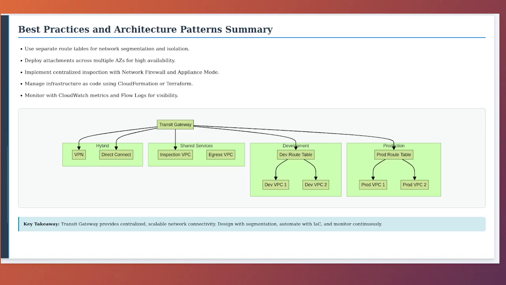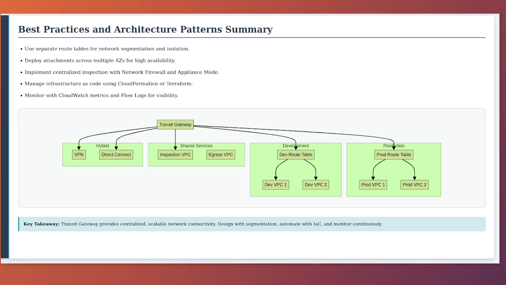For operations, use infrastructure as code with CloudFormation or Terraform for all transit gateway resources. Implement tagging standards for cost allocation and resource management. Set up CloudWatch alarms for traffic anomalies and high utilization. Document your architecture including route table associations and propagation relationships.